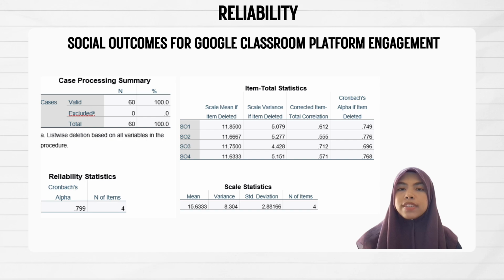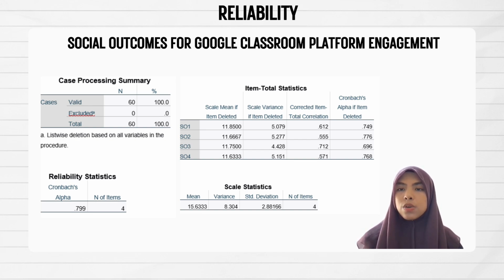The Cronbach's alpha for the scale with 4 items is 0.799, indicating acceptable internal consistency. A typical Cronbach's alpha value above 0.7 is considered reliable for research purposes, demonstrating that the items measure the same underlying construct cohesively. Overall, the table indicates that all 4 items contribute positively to the scale reliability.